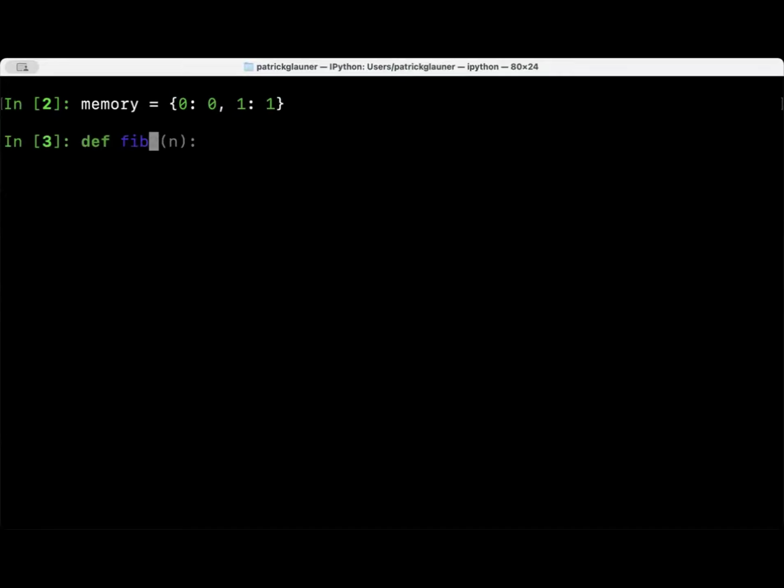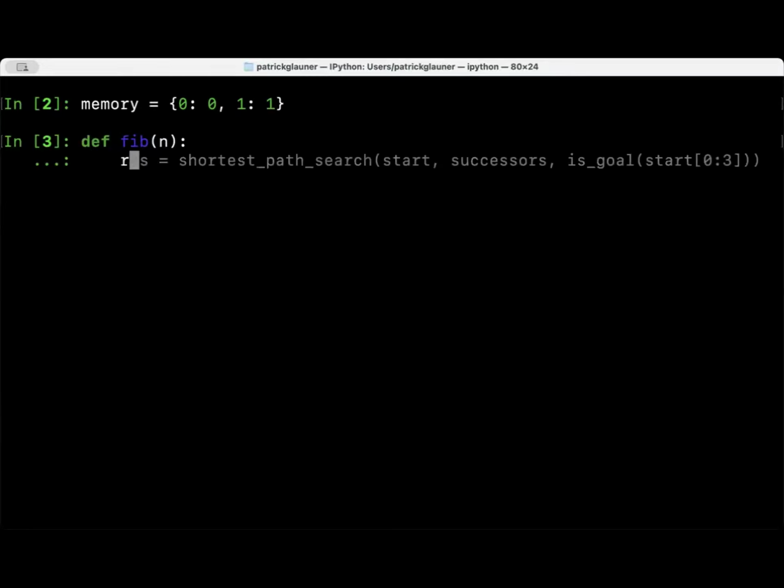And our Fibonacci number will look the following now. So what I want is I want to return what's in the memory for n. So our memory is a dictionary. We've seen dictionaries in the intro to Python, and I would just read out from what is in the memory.